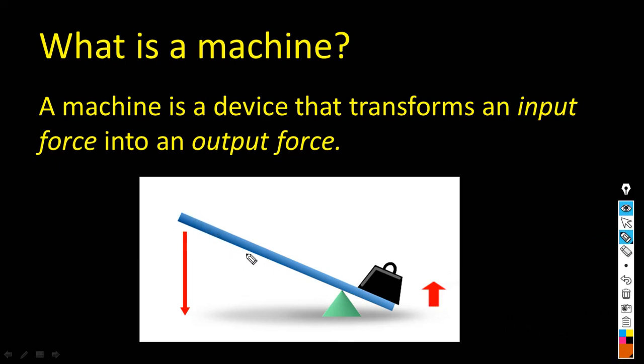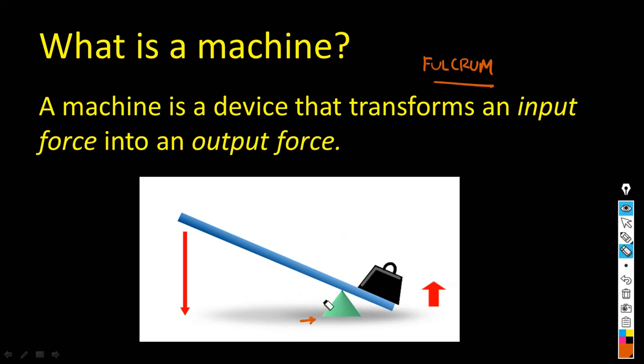A lever is basically just a rigid bar, like this one, and a support, like this. And in the context of a lever, this is called a fulcrum. I'm going to write it down in here. Fulcrum. This thing is known as the fulcrum. Okay, so it's just a fancy word for support.